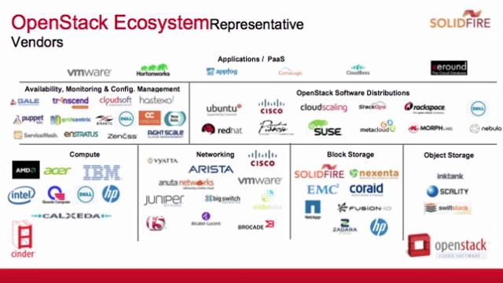The point about this is that all of the major vendors, all of the major players, are agreeing and believing that OpenStack is a good thing and a good direction forward, and they're all contributing and investing. What that also means for you, as an end user or an implementer, is that you're not only getting what, for example, SolidFire thinks is good or the best way to do it.